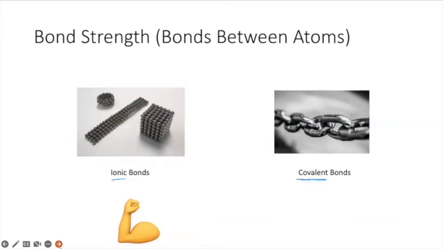If you were to Google this, you're going to get about 50-50 results. Some scientists believe that covalent is stronger. Some scientists believe ionic is stronger.